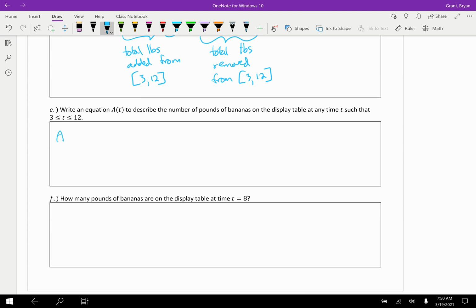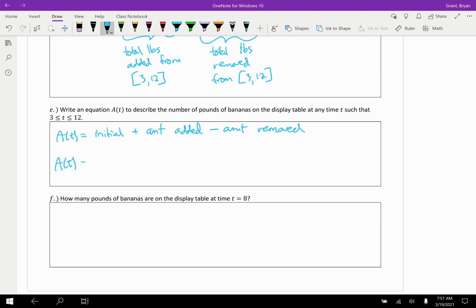So we need to take into account the initial amount plus the amount added minus the amount removed. And notice these are all in amounts. So I don't want to be using g of t and f of t here because those are rates. We need amounts. Let's rock and roll.